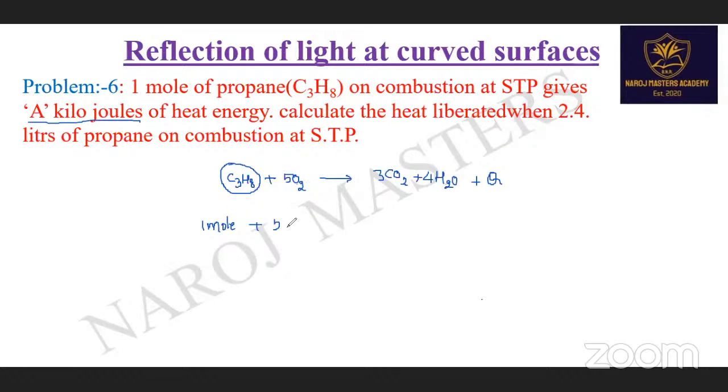So this is 5 moles of oxygen gives rise to 3 moles of carbon dioxide, plus 4 moles of water, plus heat energy. How much heat energy liberates here for 1 mole of propane? A kilojoules. So this is A kilojoules of heat energy.